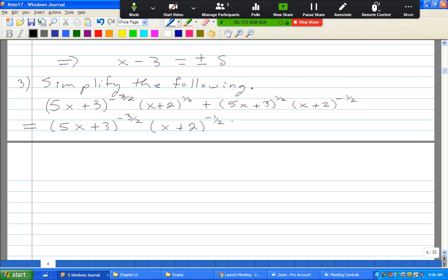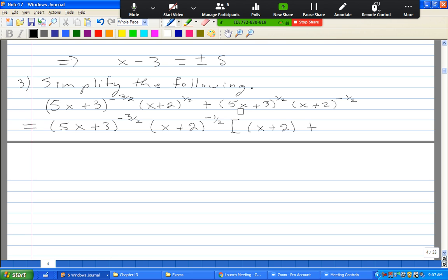And so what remains after I factor this out is, well, let's see, the 5x plus 3 to the negative 3 halves cancel. The x plus 2 to the 1 half divided by x plus 2 to the negative 1 half, same as multiplying by x plus 2 to the positive 1 half. Since you have the same base, x plus 2, I add exponents. 1 half plus 1 half is 1.